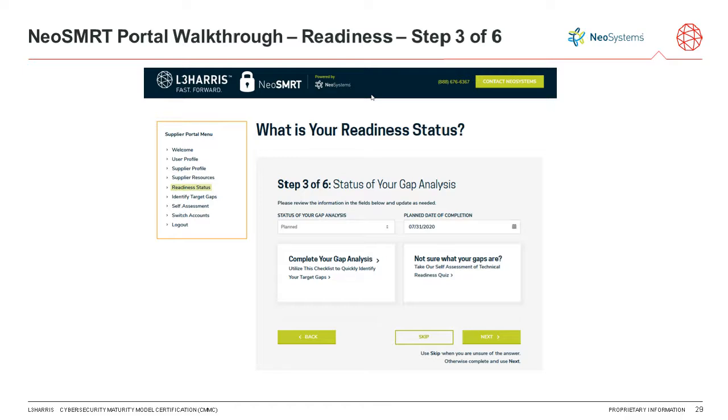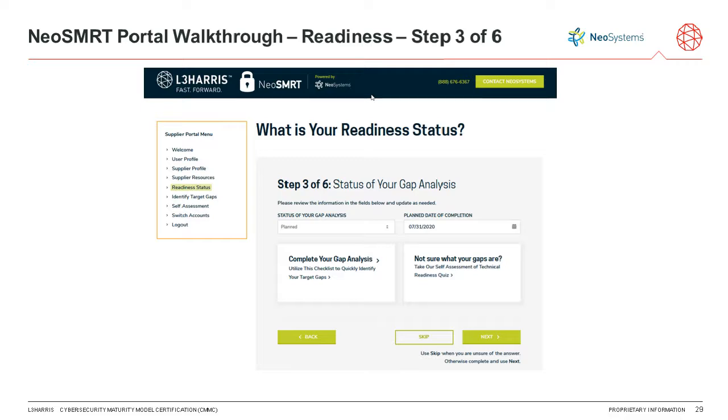So what is your readiness status? We have on the left side there, complete your gap analysis, which is that option, step 3 for completing that, versus if you're not sure what your gaps are, you can take the self-assessment quiz, which is a specific line-by-line question for each one of the practices.